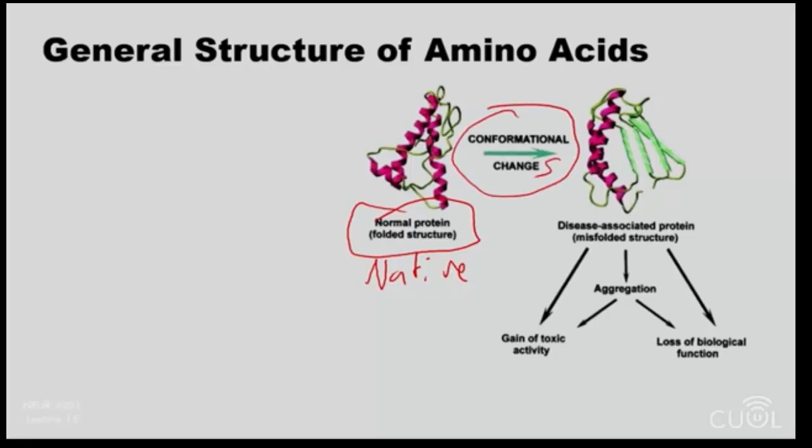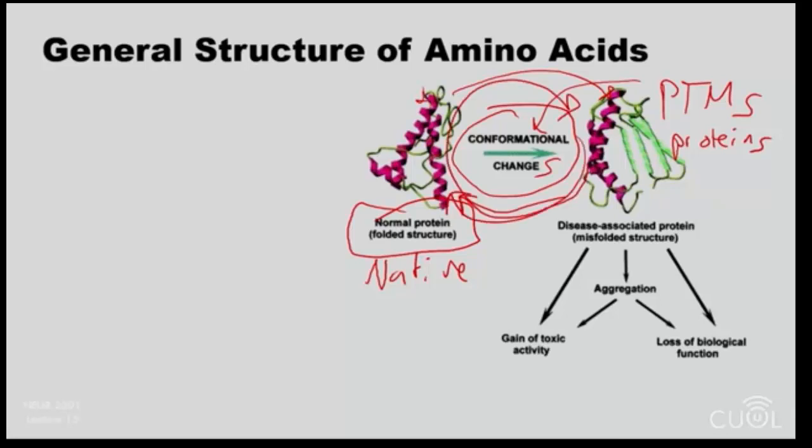So you go from this native conformation fold to a different folded structure for that protein. And most of the time, a normal protein will have these post-translational modifications, PTMs, or interactions with other proteins, and that leads to these conformational changes.